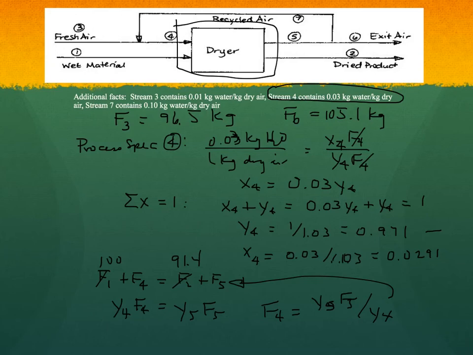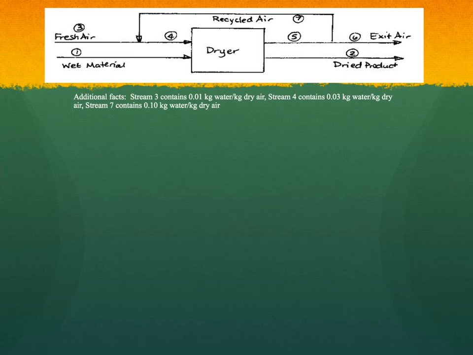We could go through and finish all of this, getting the necessary numbers, but it doesn't answer my questions. So now let's finish the problem by answering the questions. What I have right now is that this was 91.4.